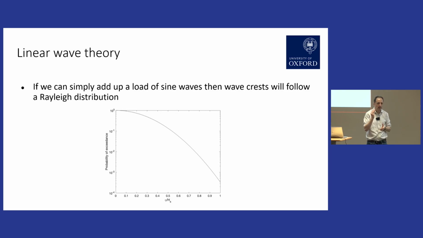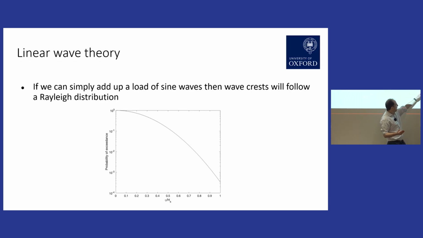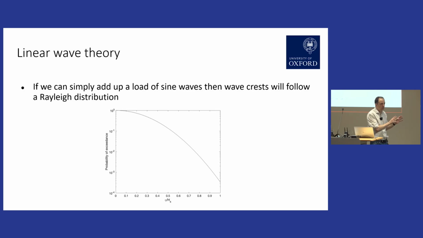So that's saying essentially every 1 in 1,000 waves, 1 over 10 to the 3, will be bigger than, well, in this case, where we've used a significant wave height to normalize things, the crest will be about 0.85 times the size of the significant wave height. So in a sense, this is trying to establish a linear baseline for our analysis.